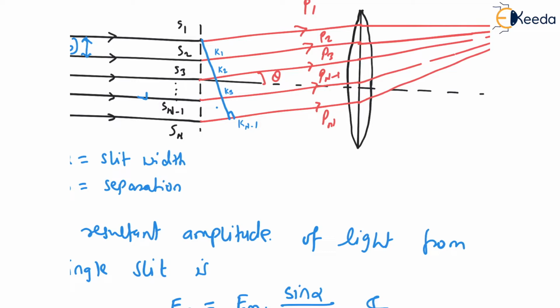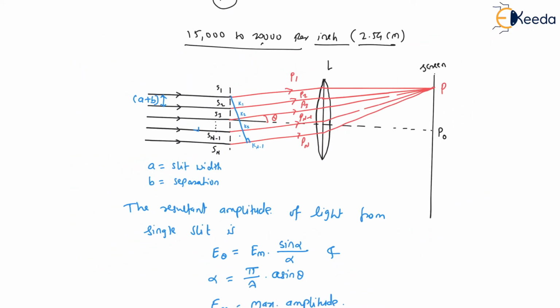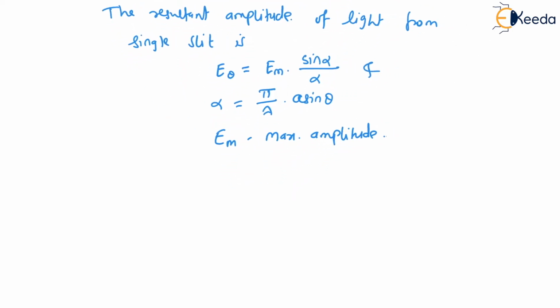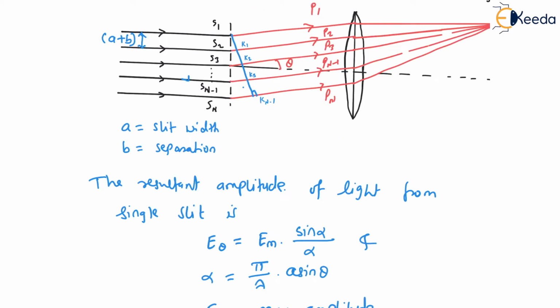Now we will do it one by one. For the first two rays, S1P1 and S2P2, the path difference will be S2K1.